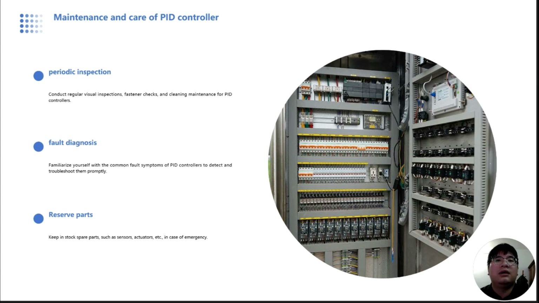Be familiar with fault codes to be able to quickly locate the cause when you encounter a problem, and reserve spare parts. Key sensors or actuators can be replaced immediately if they are damaged. These 3 points can ensure the long-term stable operation of your system.